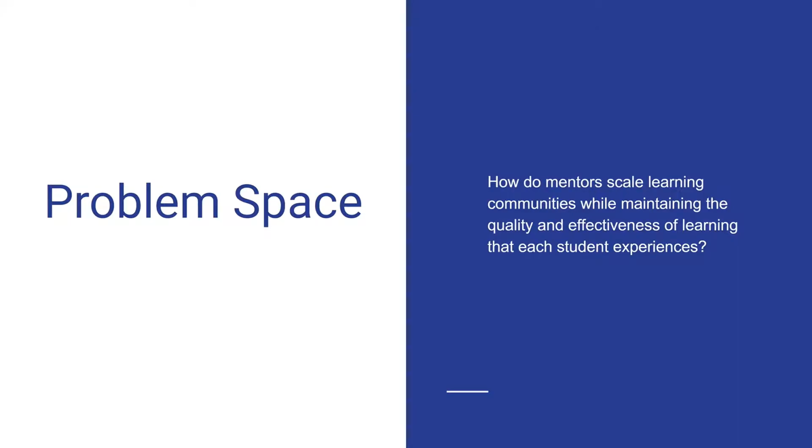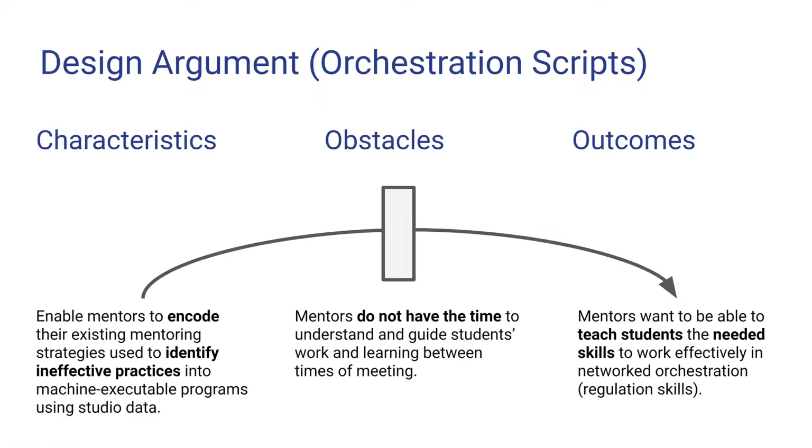Thinking about the design argument for orchestration scripts that I've been thinking about, working backwards from the outcomes, mentors want to be able to teach students the needed skills to work effectively in networked orchestration. That would be the regulation skills to help students actually direct their own research.